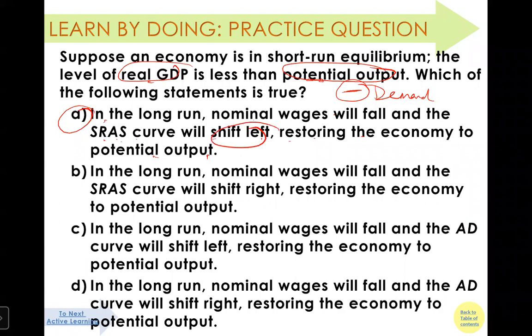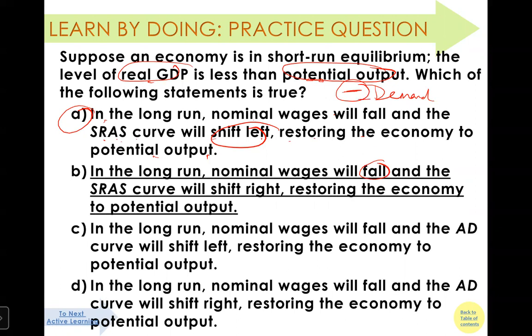Right? So actually B is correct. Nominal wage will fall. Why? After a negative demand shock, we are in a recession. This leads to a high unemployment rate. And then eventually wage will go down. Wage goes down, and then the short run aggregate supply will increase.